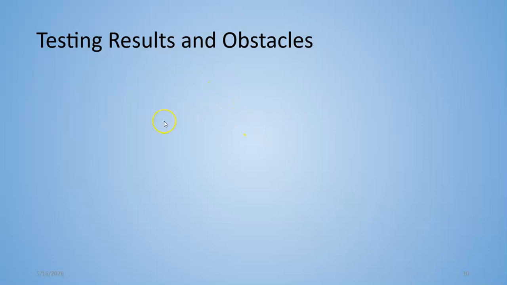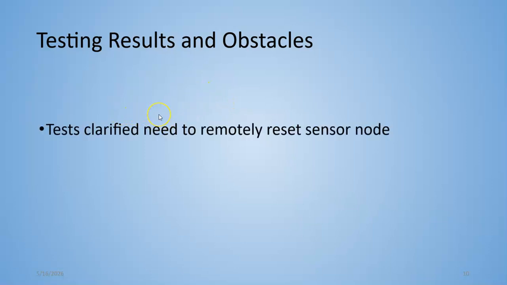Now, the testing results and obstacles. The tests clarified the need to remotely reset the sensor node. So I ran multiple overnight tests to see if the next morning I could retrieve data, and sometimes it worked, sometimes it didn't. And all that meant was I would need to go into the room where the sensor node was and physically reset the ESP32 board, and then I would be getting good data again.